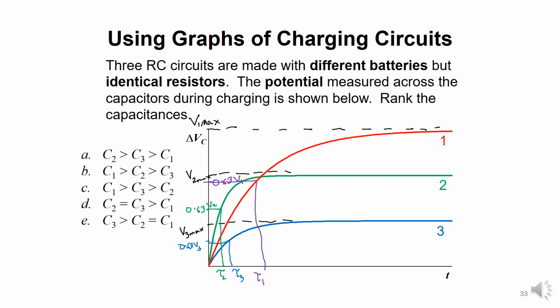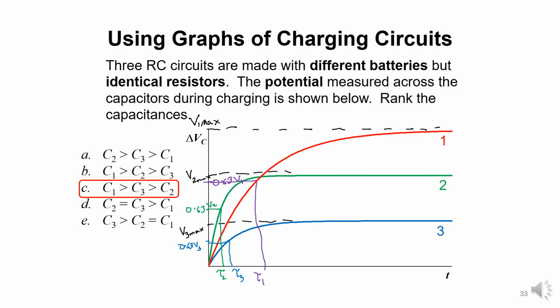All right, so we got tau 1 and tau 2 approximately. Might as well do tau 3 for the third one. So we have 63% of V3 somewhere over here. And we draw a line, find tau 3.